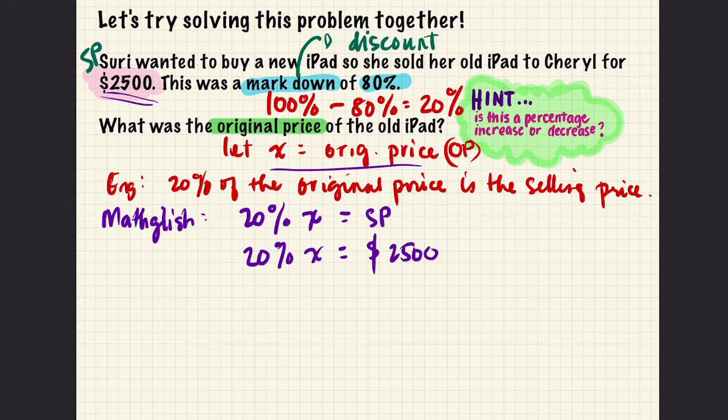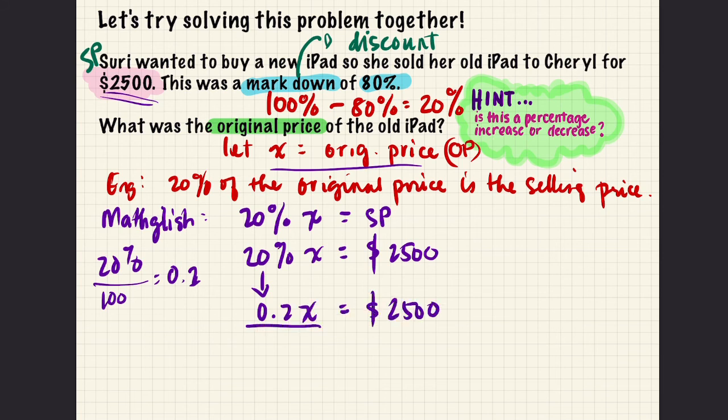Okay, again, you cannot multiply or divide by a percentage, so you need to divide by 100, which will give you 0.2. Okay, so this becomes 0.2x is equal to 2,500. Isolate the variable by removing the coefficient, which is 0.2, divided by 0.2.